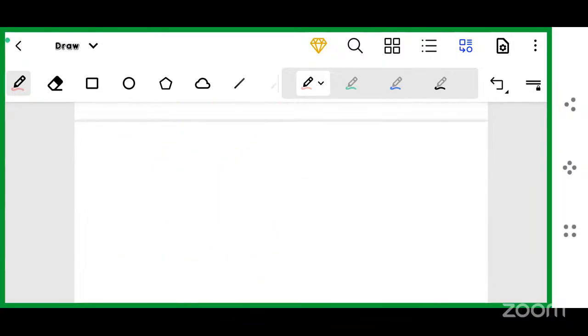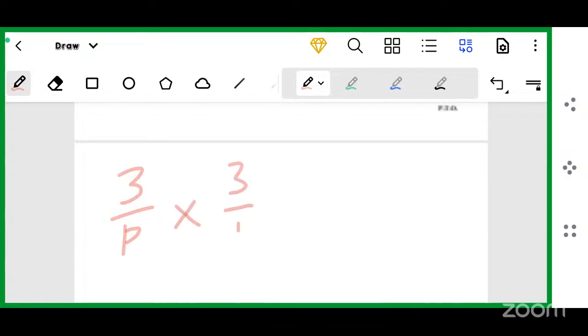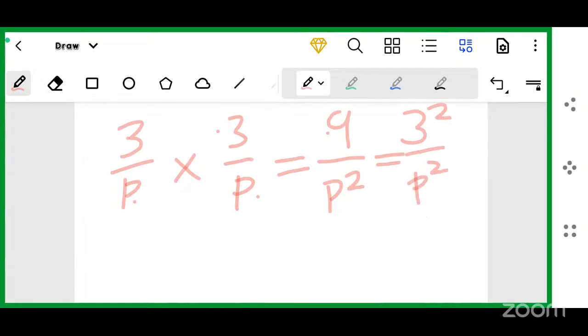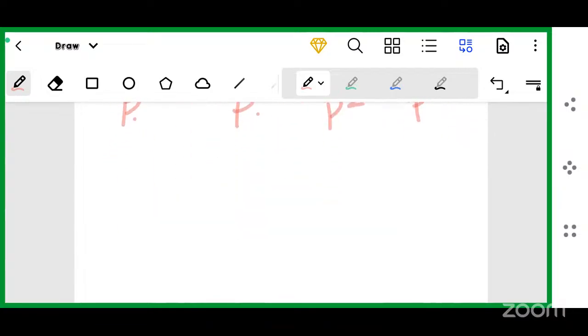So 4.1.3 says 3 over P multiplied by 3 over P. So what we're going to do is 3 times 3, which is going to be 9 over P times P, to the power of 2. This can be written as 3 to the power of 2 over P to the power of 2. Let me show you something. Do you remember that P to the power of -2 is equal to 1 over P to the power of 2? Yes, ma'am.